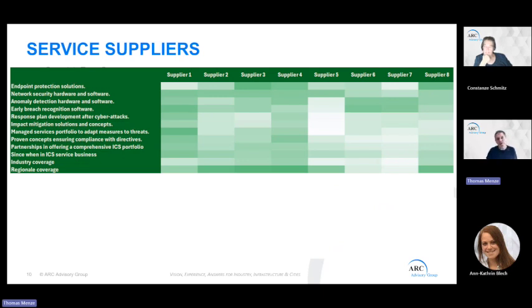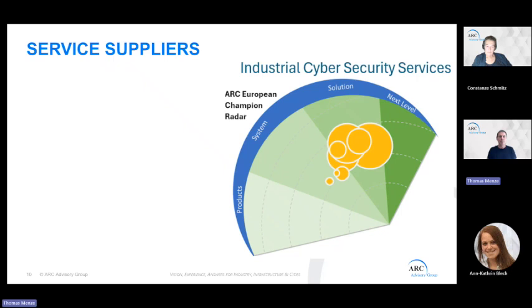At the top we have the different suppliers, and we have the different levels these suppliers achieved from the experience point of view. And all this together is then pressed into this industrial cybersecurity service radar. And remember, the bubble size indicates the service revenue these suppliers achieve in their world.